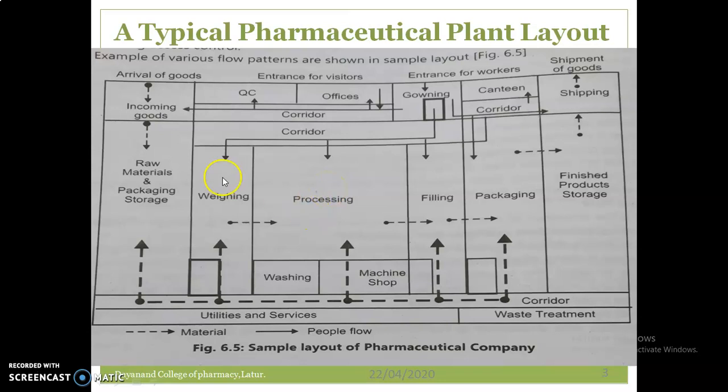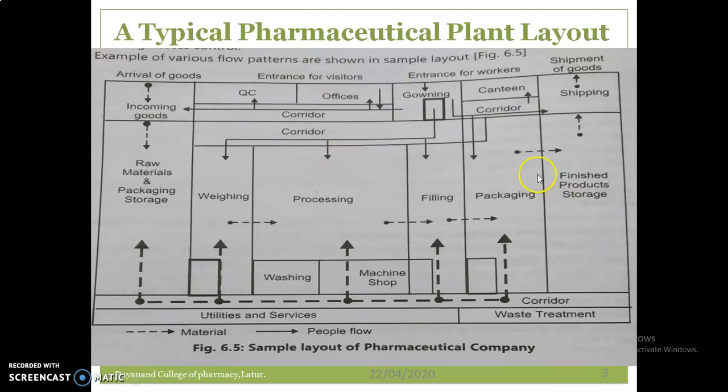For example, if we have to manufacture a tablet by the wet granulation method, there should be a logical sequence of operations. In the wet granulation process, first the weighing, then the sieving, for example by using a double cone blender, then by using the rapid mixing granulator, addition of binder and preparation of wet mass.